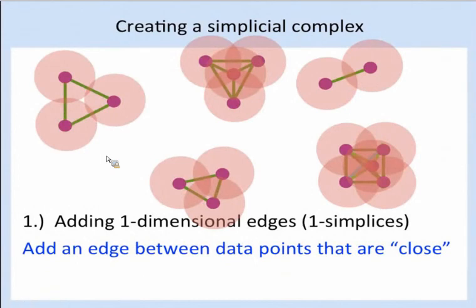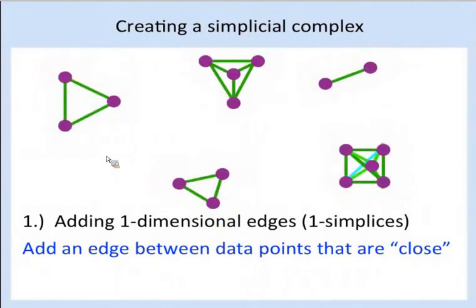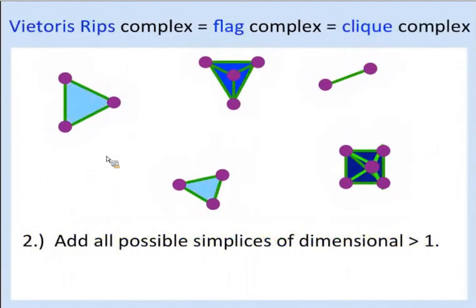We can then create our simplicial complex via either the Rips, and create the flag complex or the clique complex. These are common terms, so that's why I mention it. We've got our flag complex, our clique complex, where we basically add all possible simplices. So the Vietoris-Rips complex is a type of flag complex, which is also a type of clique complex.